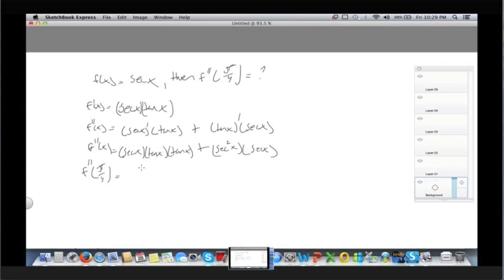Okay. So inverse cosine. I need to review that. Pi over 4 times tangent of pi over 4 times plus.